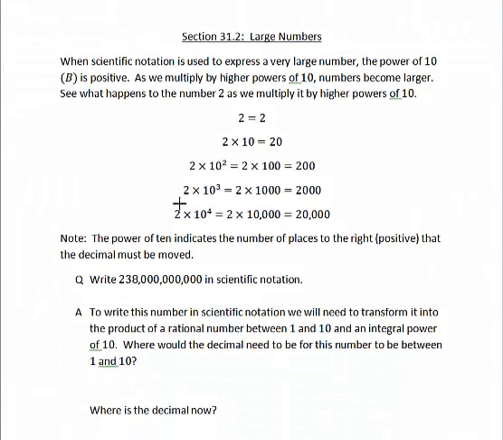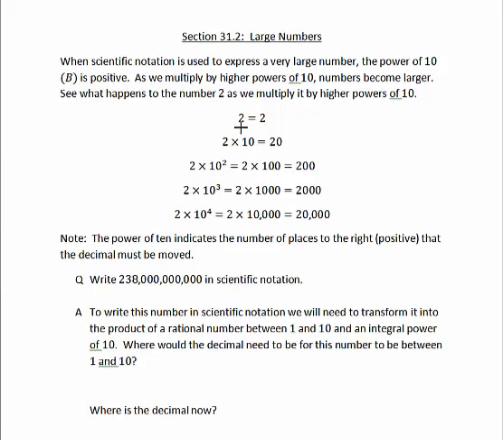So how do we deal with very large numbers? On this page, we start out with some regular numbers, for instance, 2. We're going to take 2 and successively multiply by an additional 10.